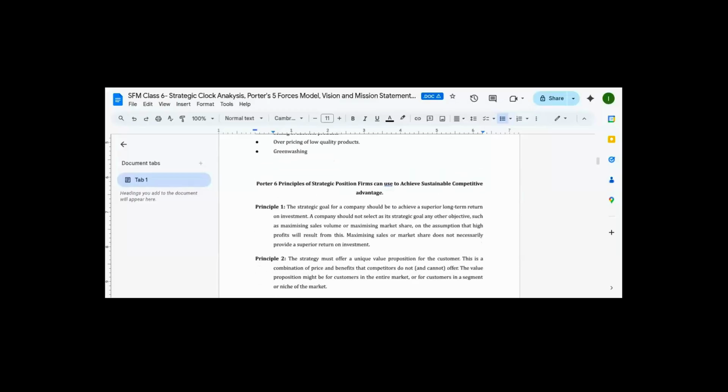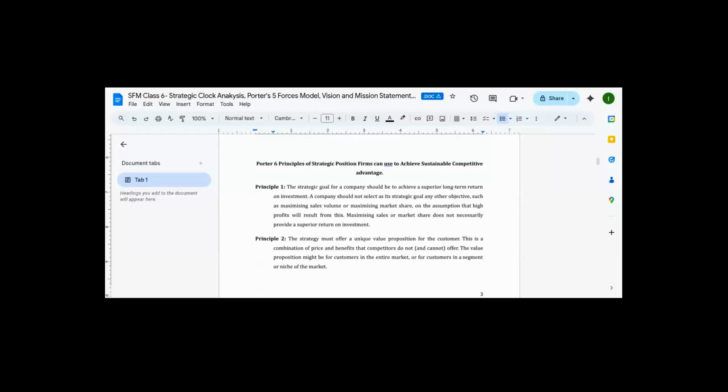So we have succeeded in looking at the six strategies that were formulated by Bowman, and he called it strategic clock analysis. In line with that, ICAN will test it with the principles of strategic positioning. They have done that.